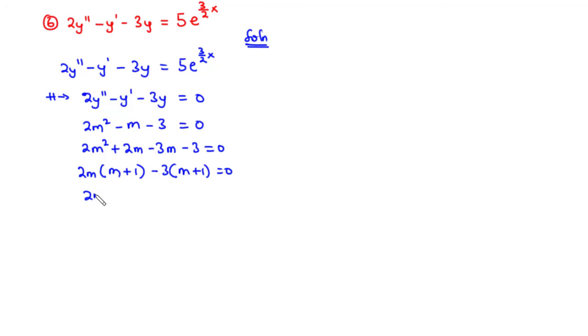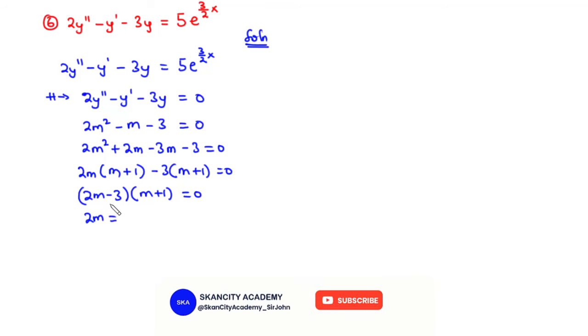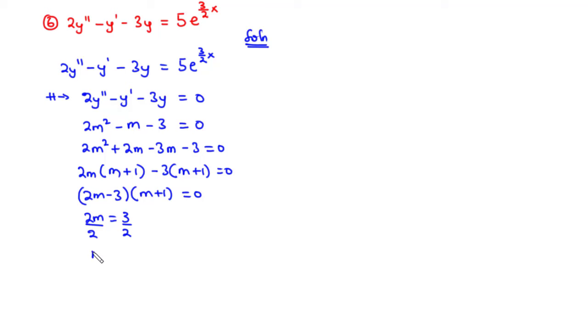So we have 2m minus 3, and then m plus 1 equals 0. So first we have 2m, we transpose negative 3 to the right hand side, we divide through by 2, and then we have m to be equal to 3 over 2. Again, we transpose 1 to the right hand side, we have negative 1.